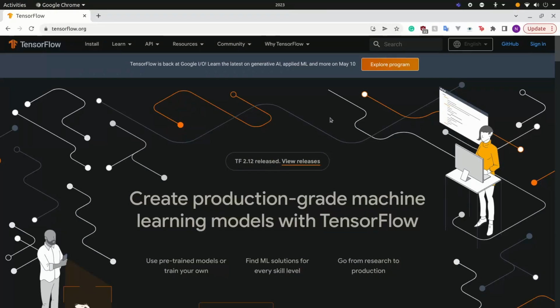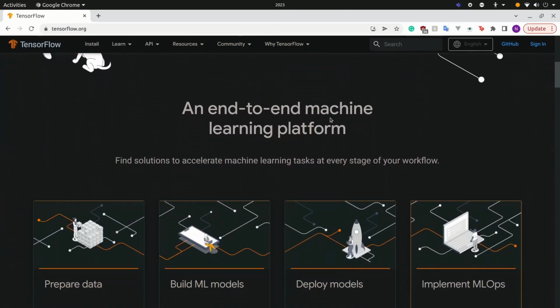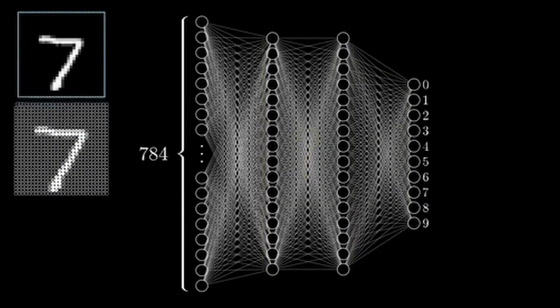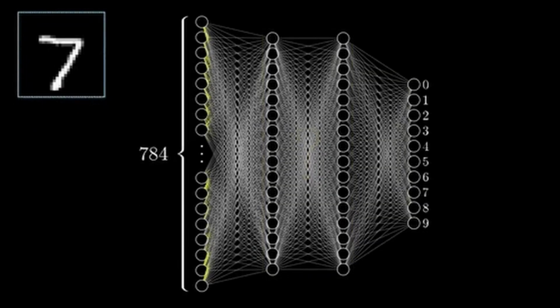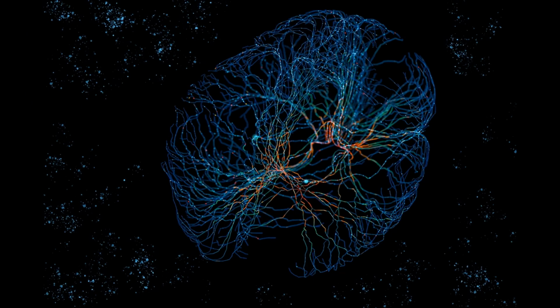Then we can use TensorFlow, which is a popular machine learning library, to define our image classification network as a convolutional neural network, or CNN for short. I won't go too much into the details here, but you can think of a neural network as the brain of an AI, roughly similar to how human brains are made up of connected neurons.